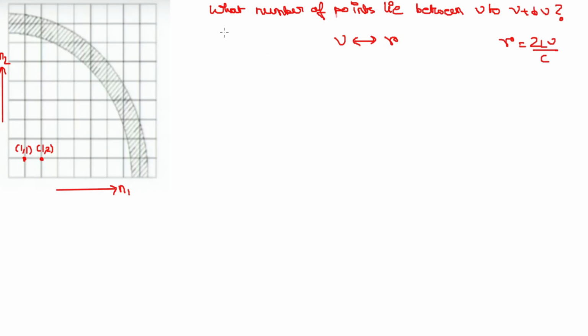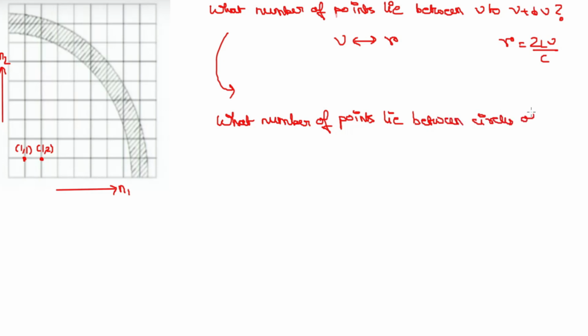So the question now becomes, what number of points lie between circles of radius r and radius r plus dr. So the question transforms into a new question.